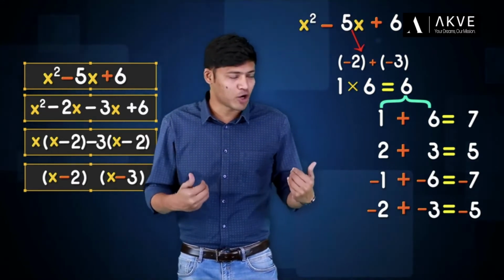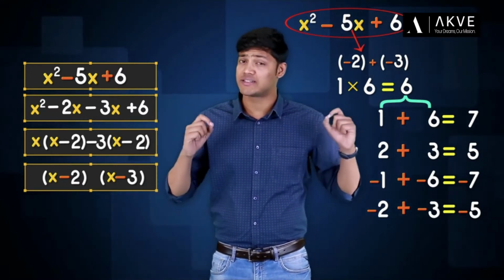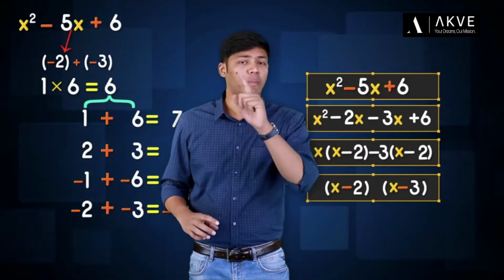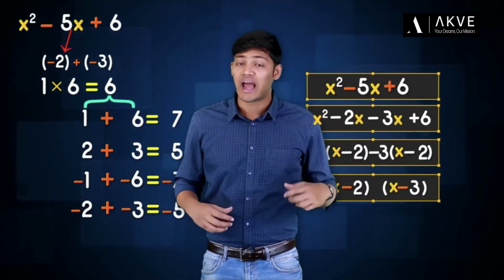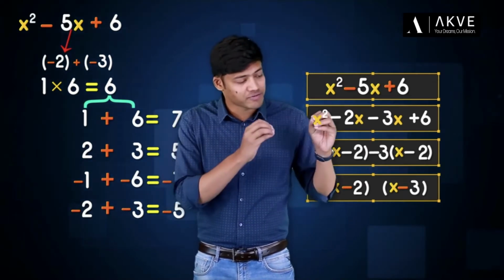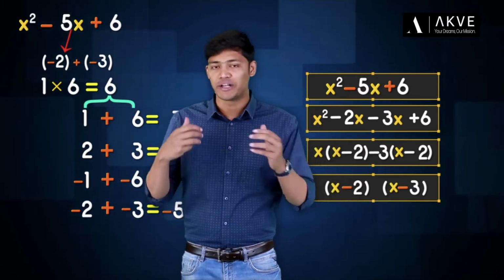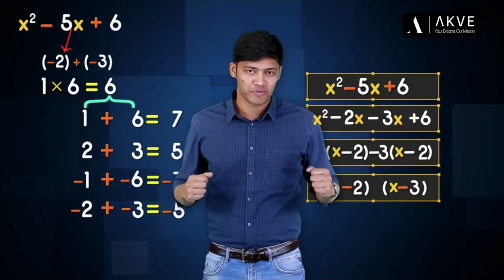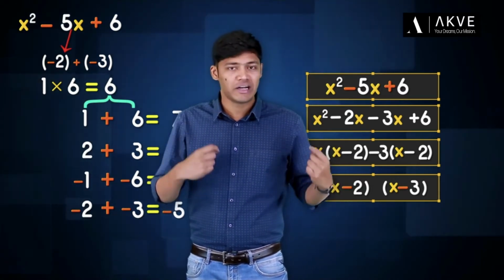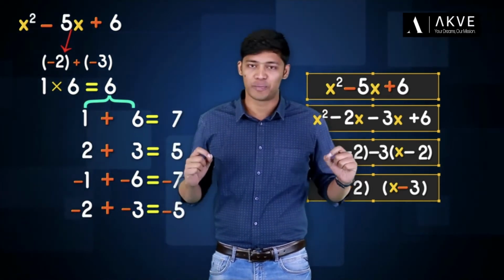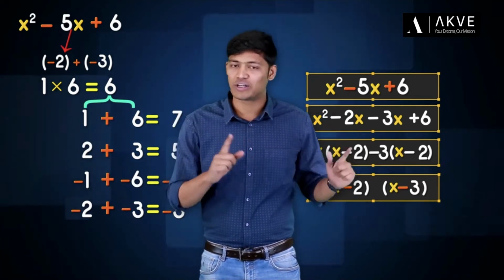Therefore, we have expressed minus 5 as the sum of minus 2 and minus 3, and we split the middle term minus 5x as minus 2x minus 3x. That's how we split the middle term of any quadratic polynomial and factorize that quadratic polynomial.